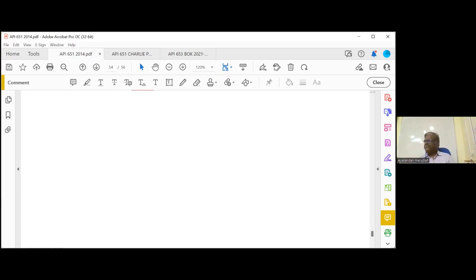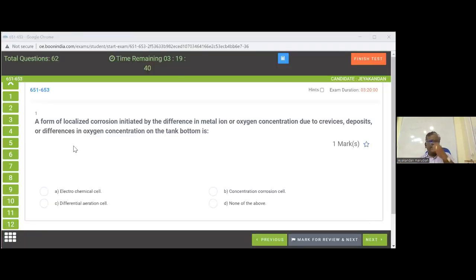Question 15: A form of localized corrosion initiated by the difference in metal ion or oxygen concentration due to previous deposit or difference in oxygen concentration. So the answer is a form of localized corrosion. Where do you have to check?